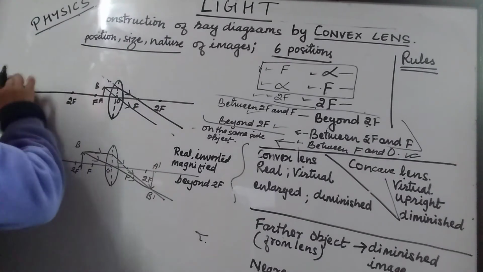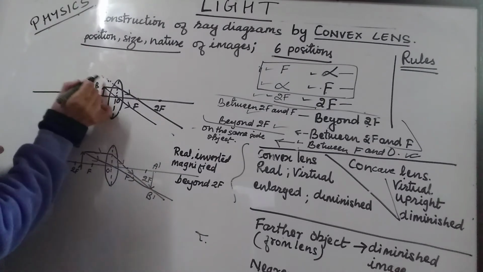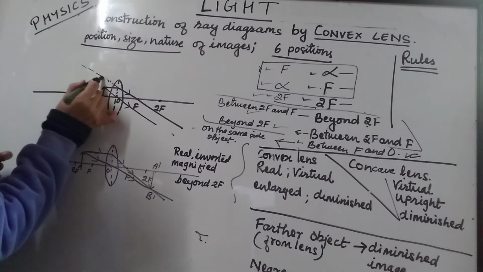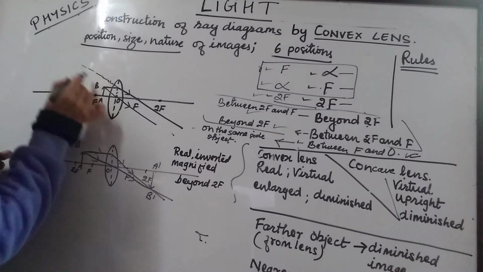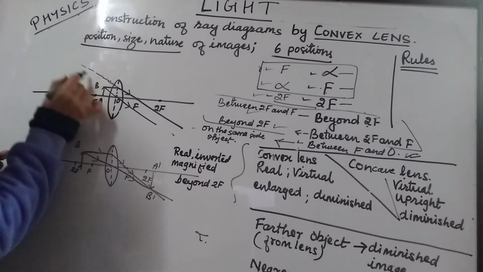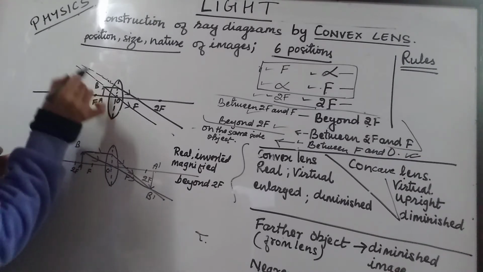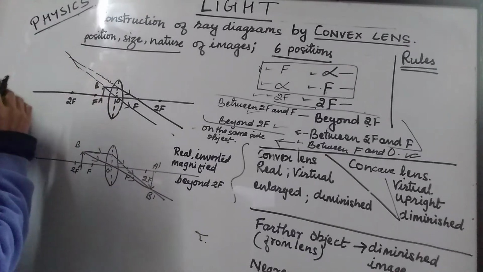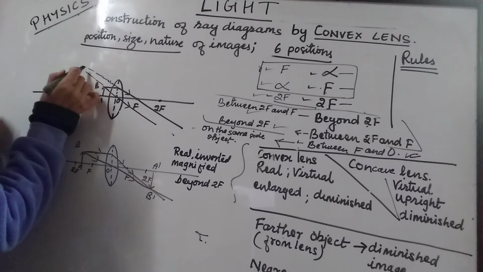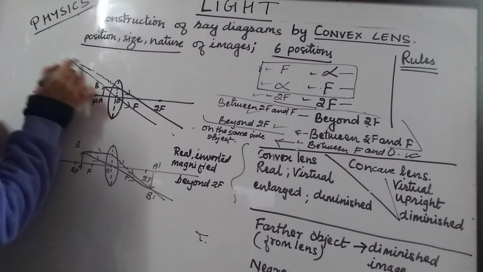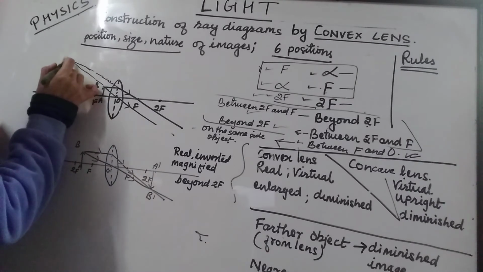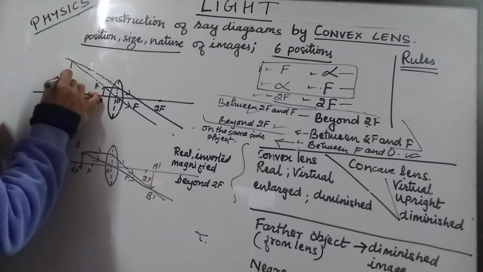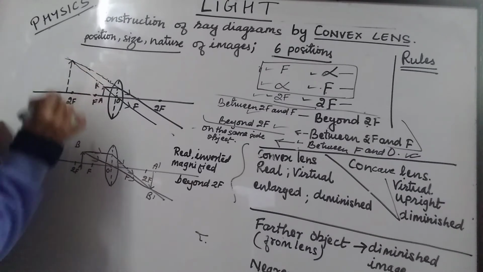While producing backward, make sure that it is straight. On the board I am having a little bit of difficulty. Then you produce it backward, this also this way, and these 2 lines seem to be caught at this point. So the image will be formed at this point.